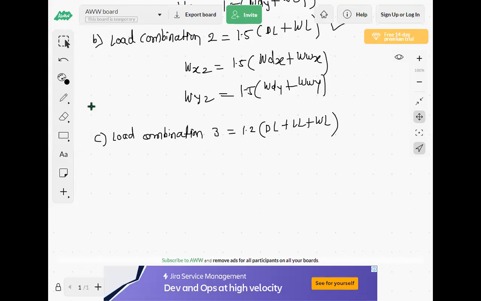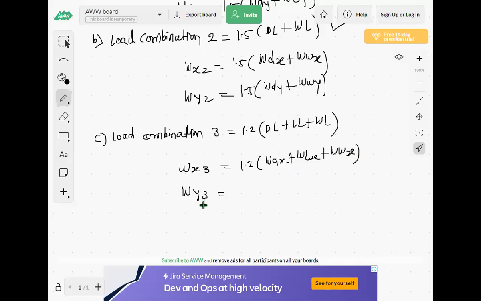Okay, so now the third load combination, WX3, in direction of X. So 1.2 into WDX plus WLX plus WWX, and WY3.